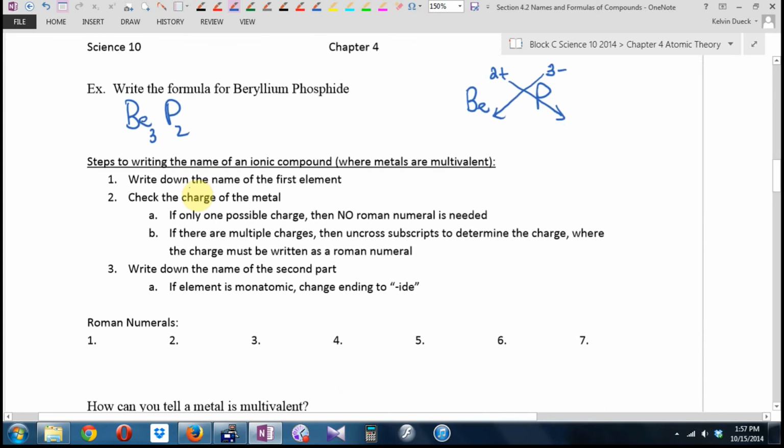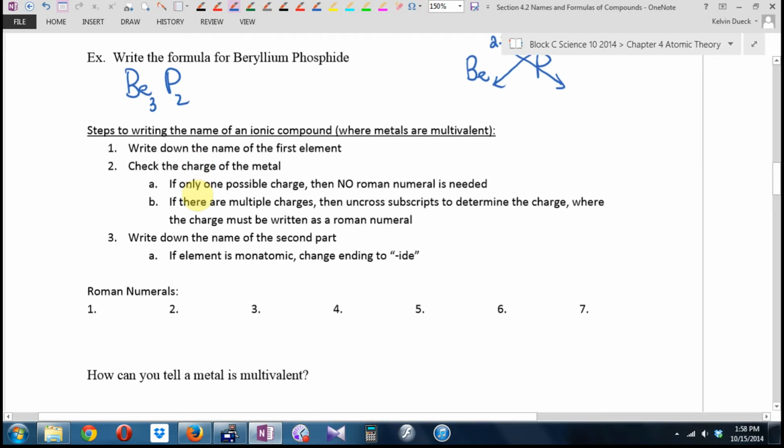There are some ionic compounds where the metals are multivalent. Towards the middle of the periodic table, you'll notice many of those metals have more than 1 ion charge. It gets tougher, but we can build on this crisscross rule and some cleverness. So what if it's multivalent?